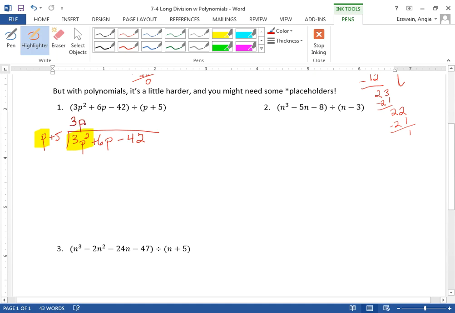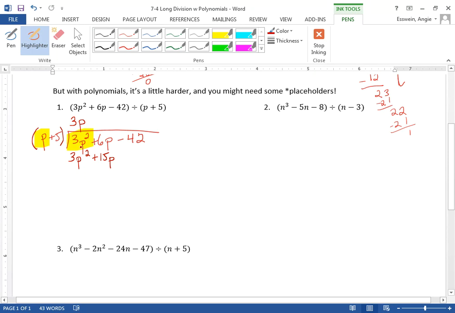So you put a 3p on top. Okay, and now we're going to go through our one whole thing carefully of multiply, subtract, copy. Now, when you multiply, I'm just going to put parentheses around it so you see. You have to multiply it by both of these. So you do 3p times p is 3p squared. And 3p times 5 is plus 15p.